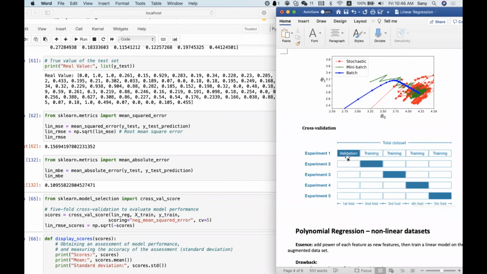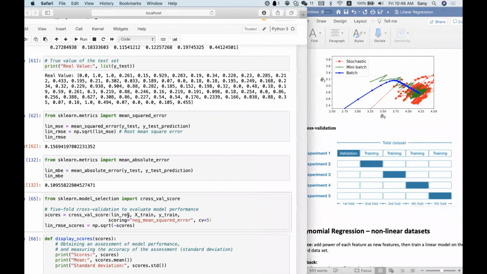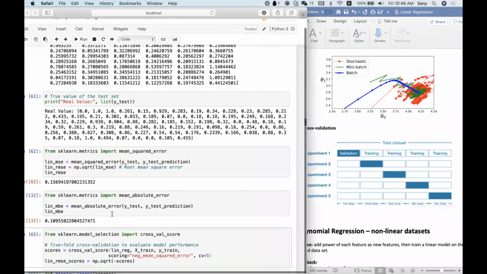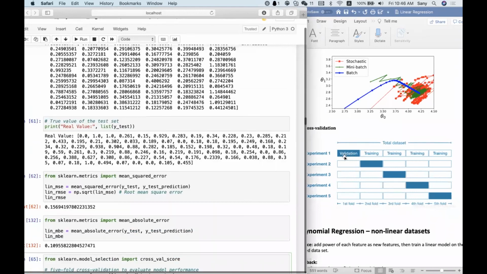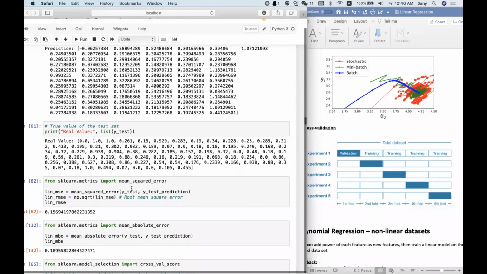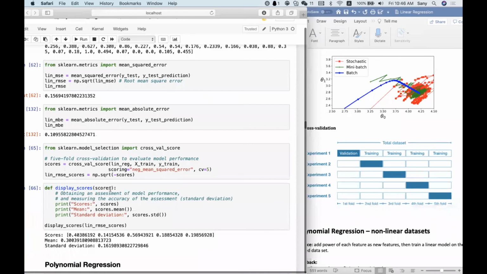So it will use the validation as the testing set, and it will use the remaining four folds to train the linear regression, because that's the variable we put before, linear regression. And then it will judge it based on the scoring, the mean square error.